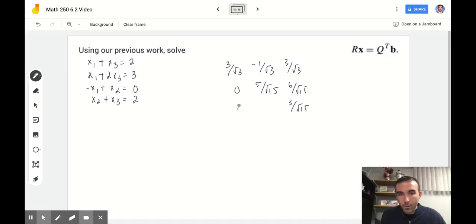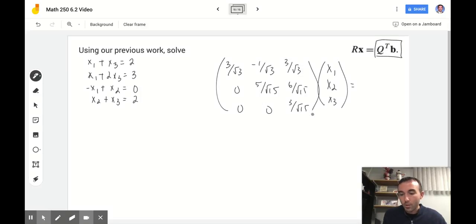Right, that was super great. So if I use that as my R, and I have x1, x2, x3 as my unknowns, I then set that equal to the product of Q transpose times B. So over on the side, we just want to calculate what Q transpose times B is.